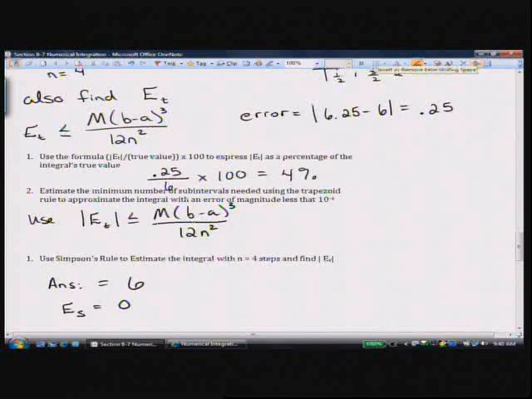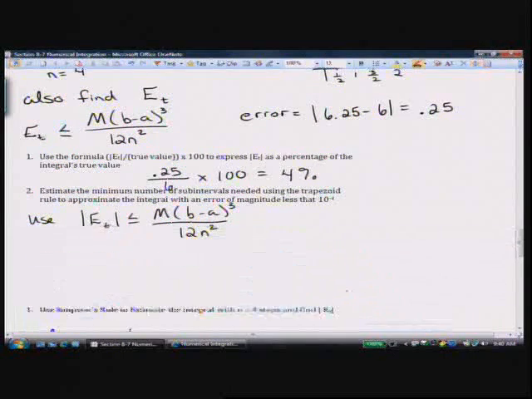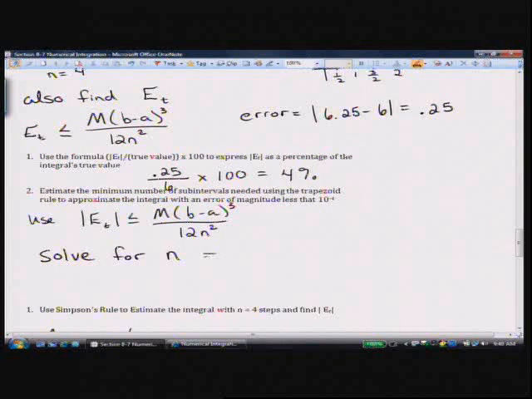Okay, so if you're looking for n, you can solve this equation for n. I'm just going to do it real quickly. We would cross multiply, divide by E of T, and take the square root.